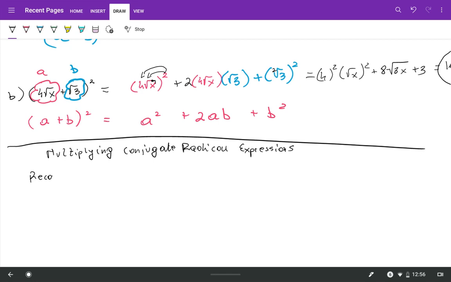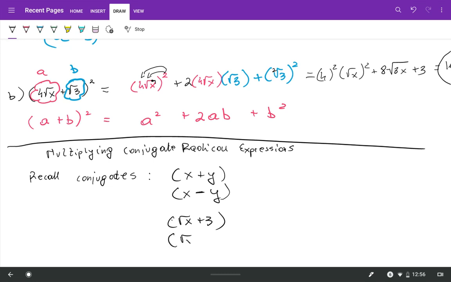So let me just review quickly. Let me recall conjugates. So let's say if you have expression x plus y, the conjugate will be the same expression but with the opposite operation in the middle. So that's the conjugates. Or let's say you may have square root of x plus 3.